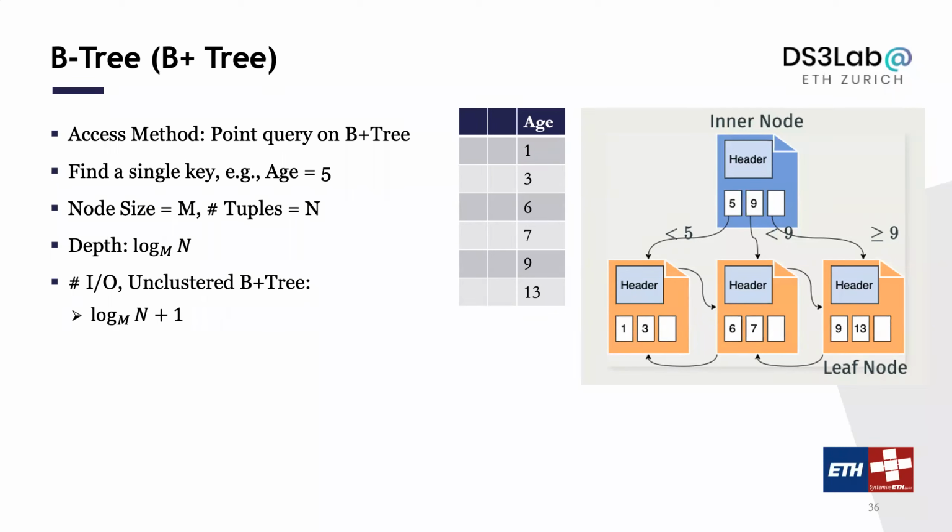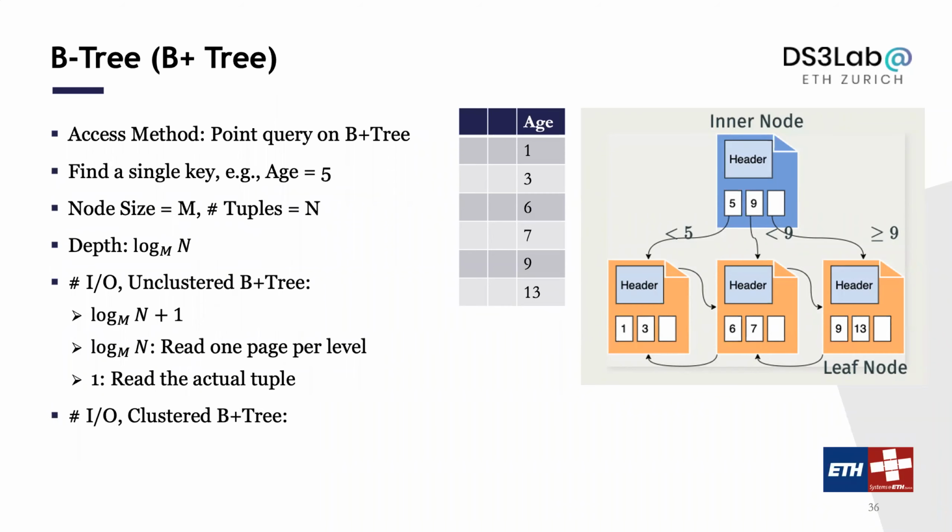And because it's unclustered, whenever I find the right leaf node, I only get the page ID. Then I need to take that page ID and the slot ID, and then I fetch the real tuple. So when you have unclustered B+ tree, and assuming you only have one tuple that satisfies the condition, the number of I/Os you are going to have is actually log_m n plus 1 pages in the worst case.